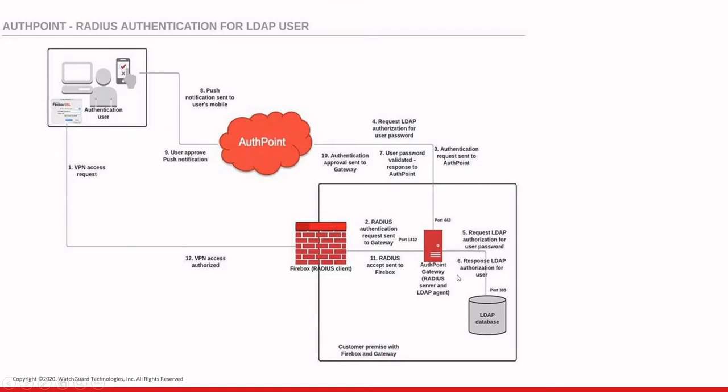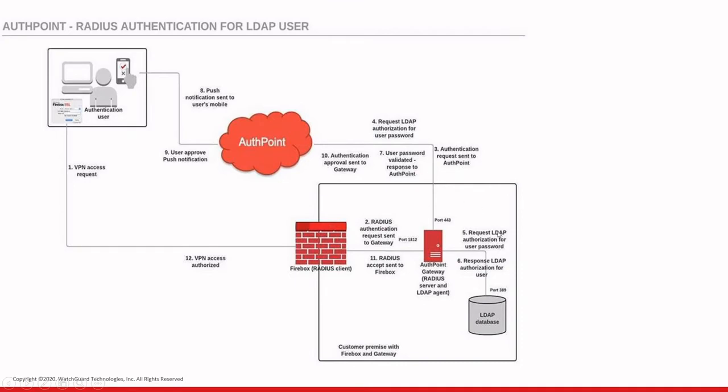The AuthPoint agent is going to act here as a proxy to send that request to the LDAP database. Is this correct? Validate the username and password. The response is going to go back to the agent, and the user password is validated.